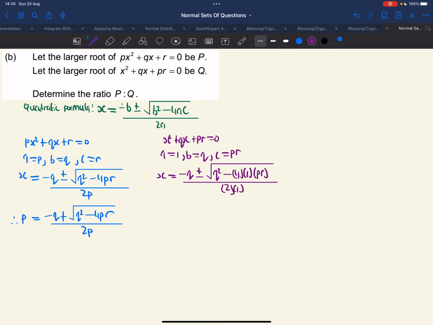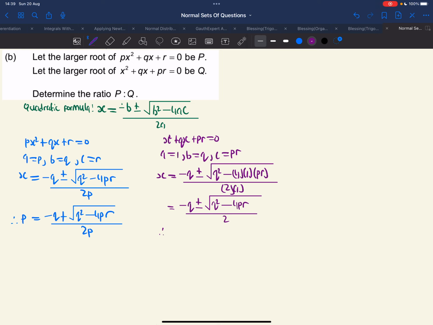If you simplify it, you should get minus q plus minus square root of q squared minus 4pr, all over 2.